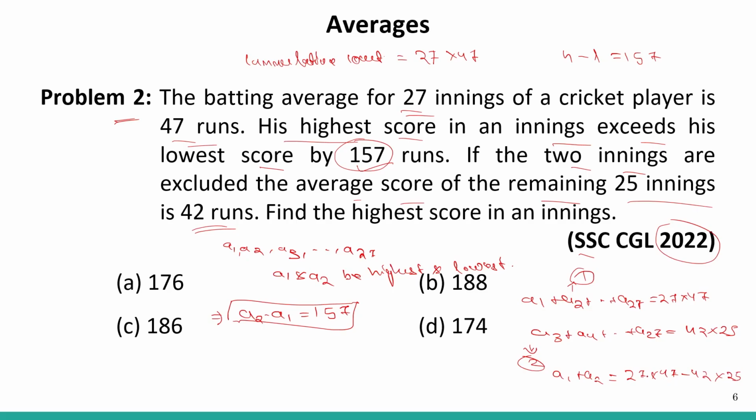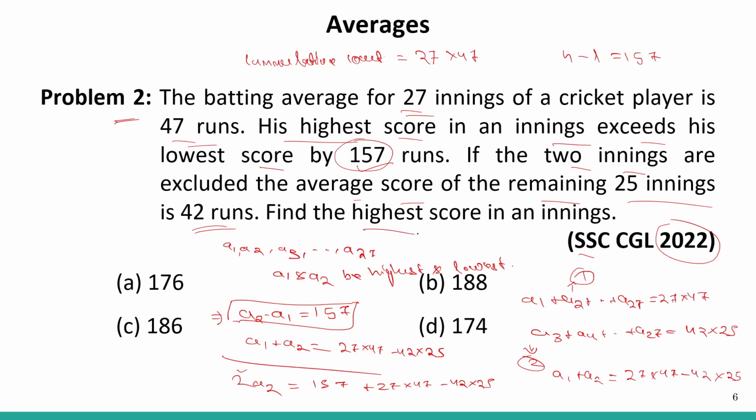By adding these two and cancelling A1, 2A2 is equal to 157 plus 27 into 47 minus 42 into 25. So we can evaluate A2 here and A1 here.